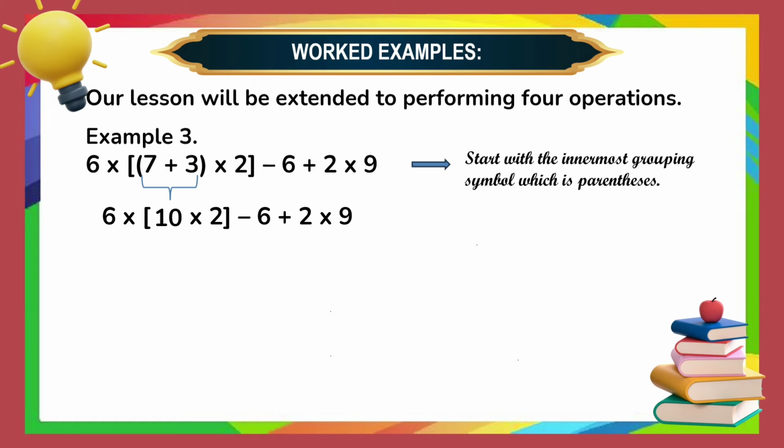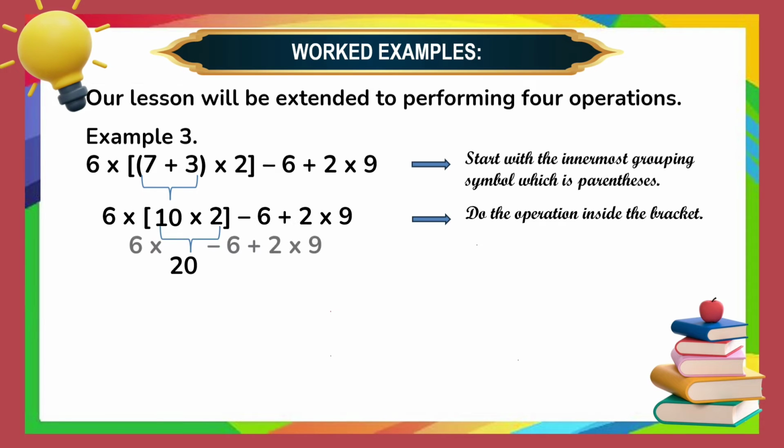So we still have the bracket. So next is do the operation inside the bracket, and that is multiplication. 10 times 2, the answer is 20. And then bring down the rest of the digits. So as you can see, we have two multiplications involved.